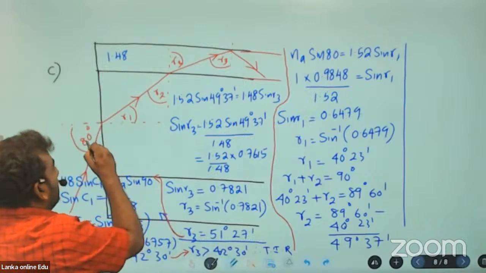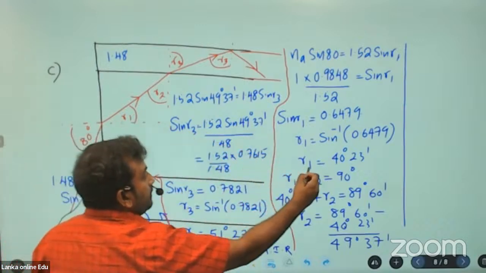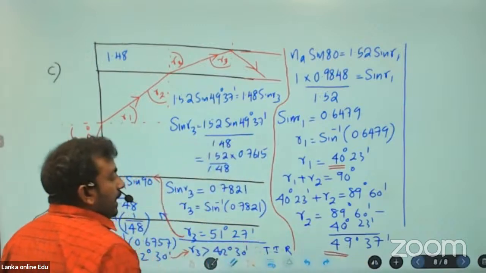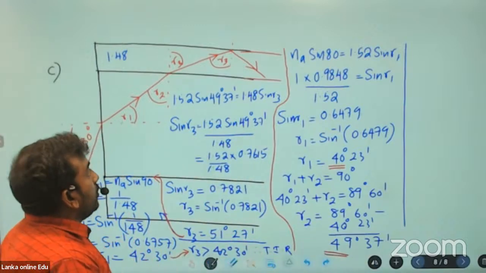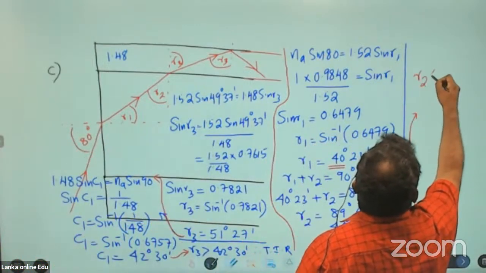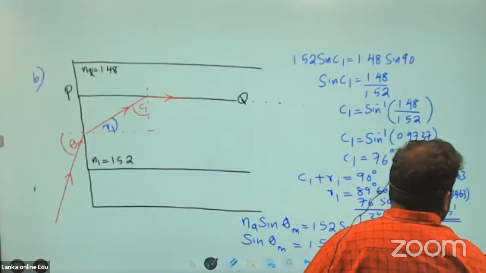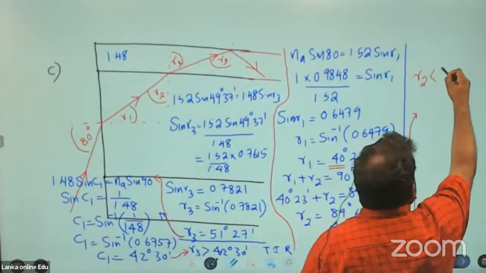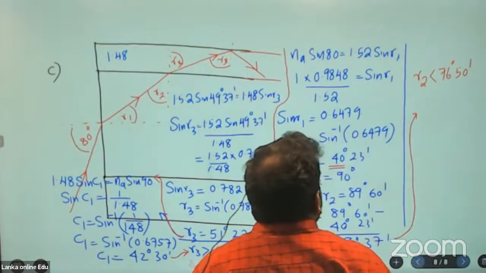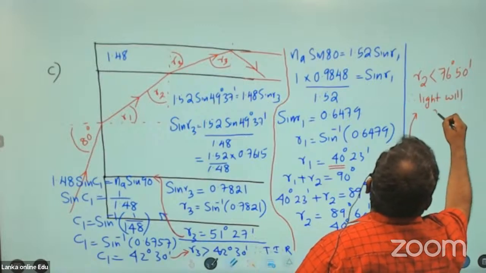Here theta 80 means R1 I can find, and once I know R1, I can find R2. R2 is less than the critical angle, don't forget. The critical angle we found earlier is 76 degrees 50 minutes. Therefore, light will refract.